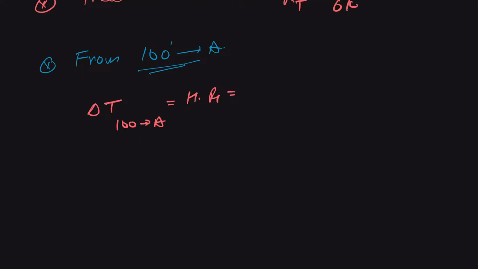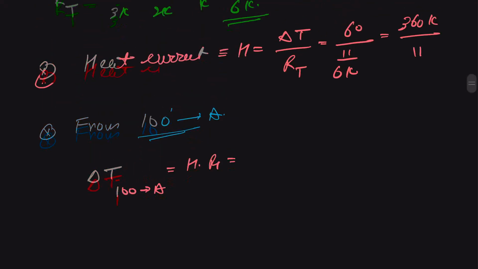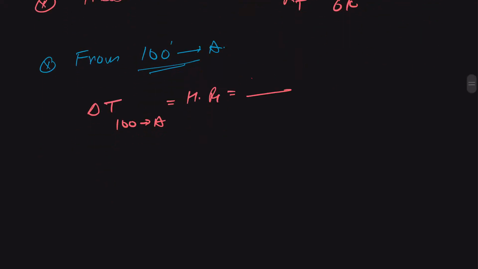So this comes as our H is our 360K upon 11 multiplied by R1, 1 upon 3K. This comes as 120 upon 11.